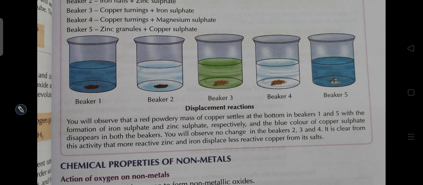You will observe no change in beakers 2, 3 and 4. It is clear from this activity that the more reactive zinc and iron displace less reactive copper from its salt.